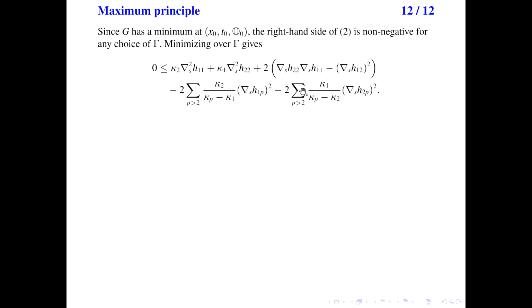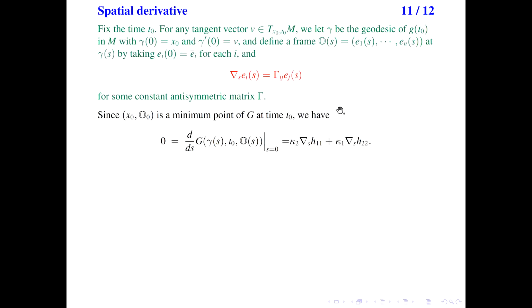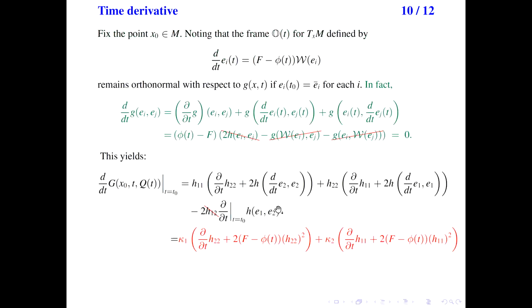Now we have two equations or inequalities. This term involves the second order derivative of h_11 and h_22, and from the time derivative, we have the time derivative of h_22 and h_11.